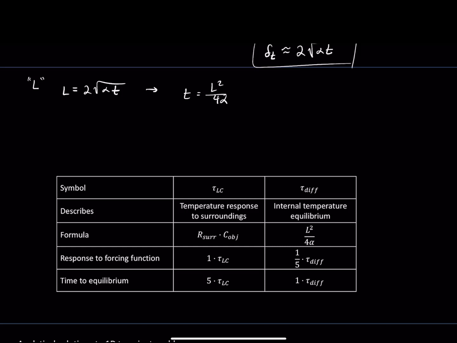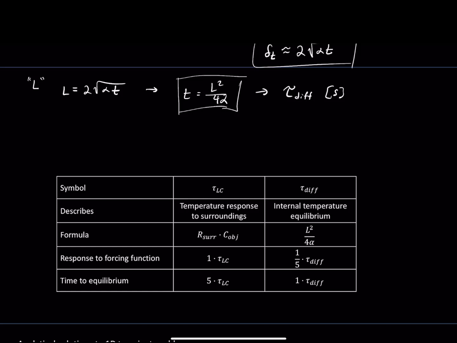The reason why I'm doing this is this particular group here is a time constant. We can call this tau diff. Tau diff has units of seconds. It's the amount of time that it takes for the thermal wave to penetrate into the depth L. So this is a really useful metric that we can use to characterize the system along with tau LC.